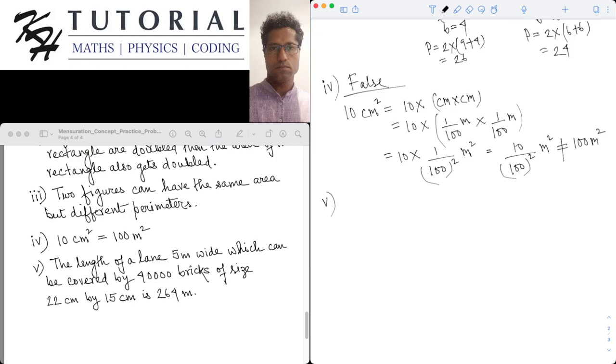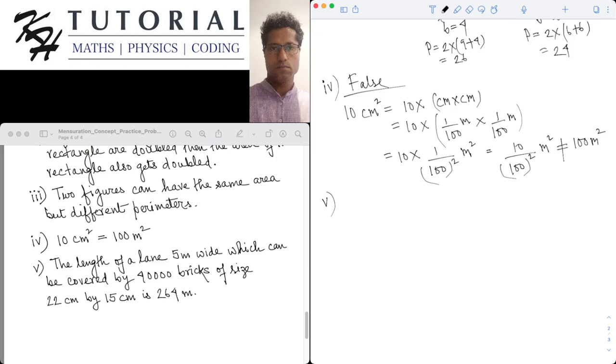There is a lane 5 meter wide, so the width of the lane is fixed, and its length is varying, it can change.